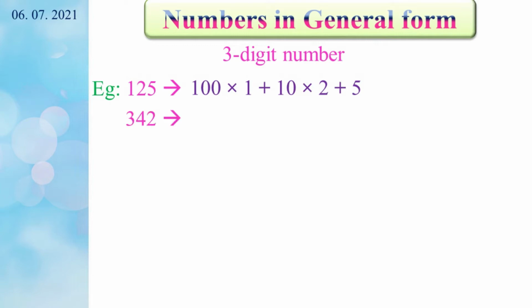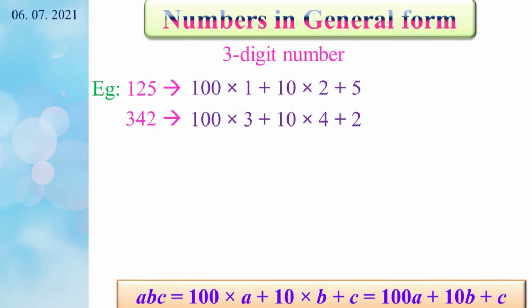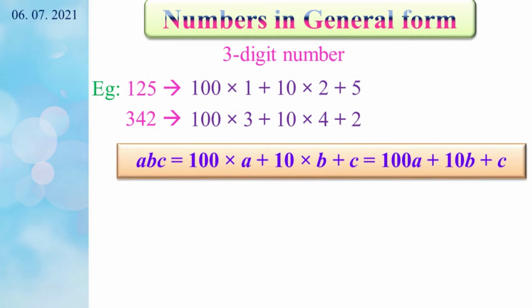Similarly, 342: we write 100 into 3 plus 10 into 4 plus 2. In general, a 3-digit number ABC made up of digits A, B and C can be written as ABC equals 100 into A plus 10 into B plus C, equals 100A plus 10B plus C.